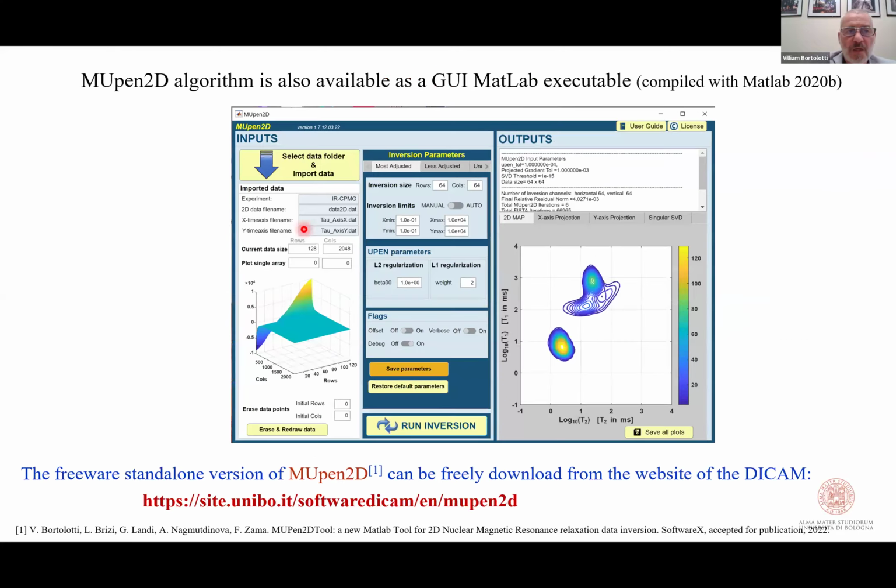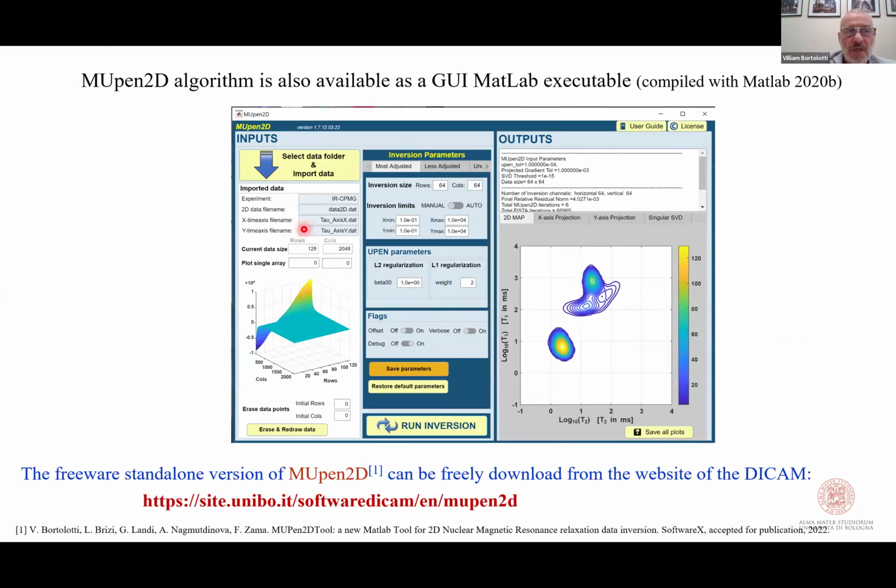This is the software. There is also a GUI, graphical user interface, developed under MATLAB, as a compiled version. This can also be downloaded for free from University of Bologna.